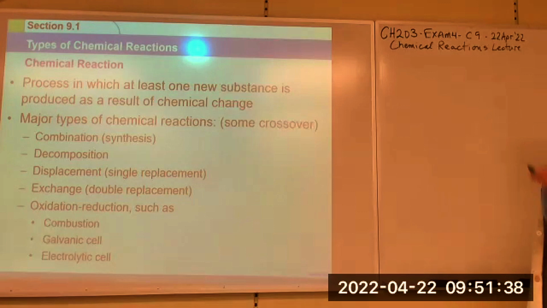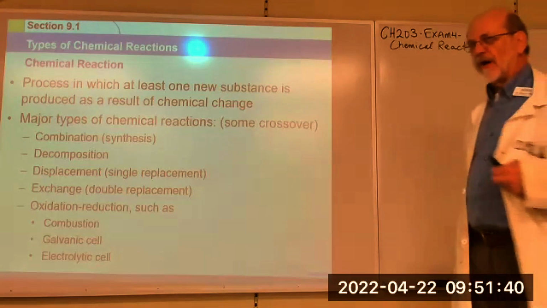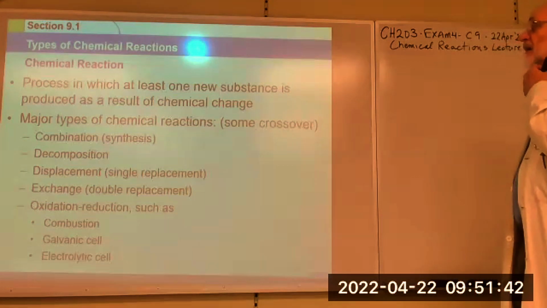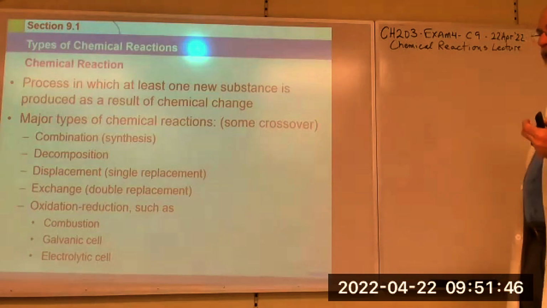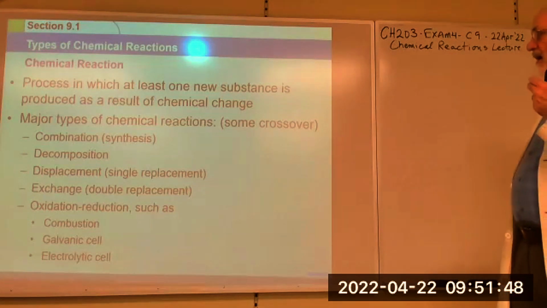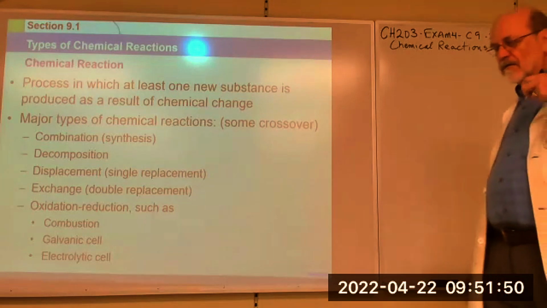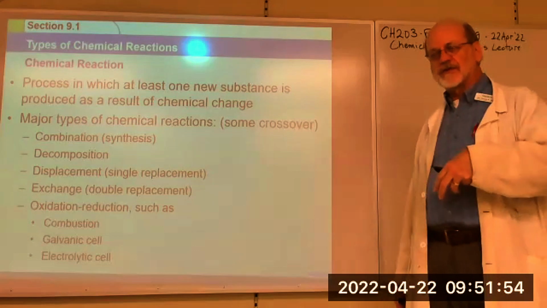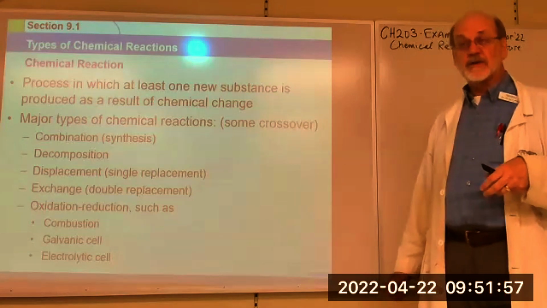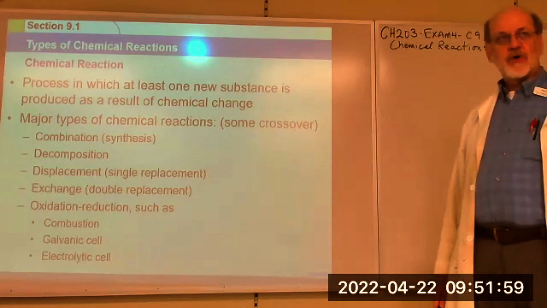So this is actually probably a review for you at this point. We're trying to describe a process whereby reactants, or old substances, change into new substances. That's a pretty broad definition, but chemistry is a broad subject.